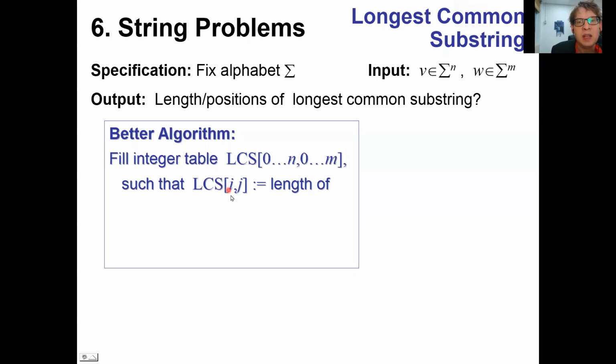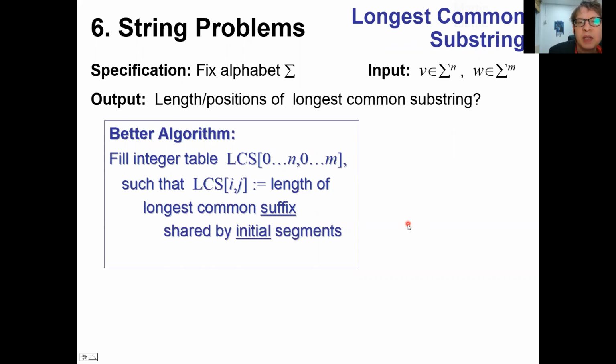The entry I, j should be the length of the longest common suffix of the following substrings, namely of the initial segments of the strings.